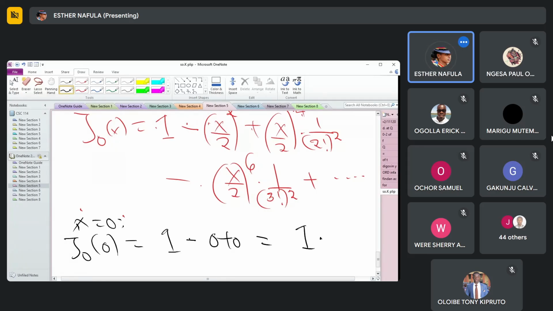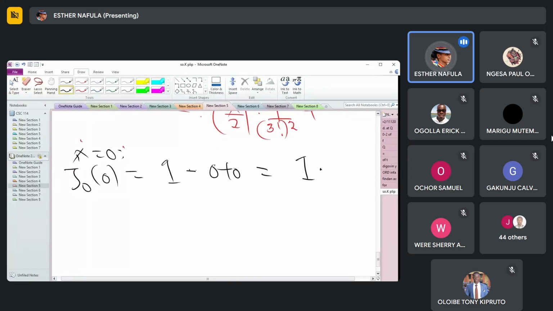J_0 of 0 is 1. We can obtain J_0 when x equals 1. Plug in the value x equals 1 in the formula for J_0. What do you get?